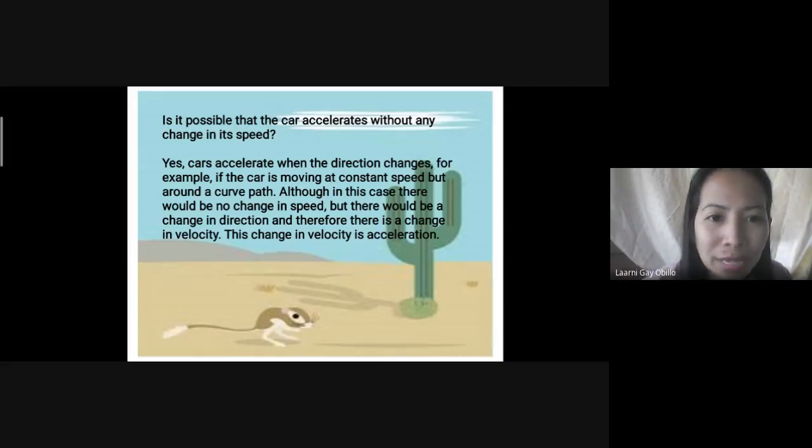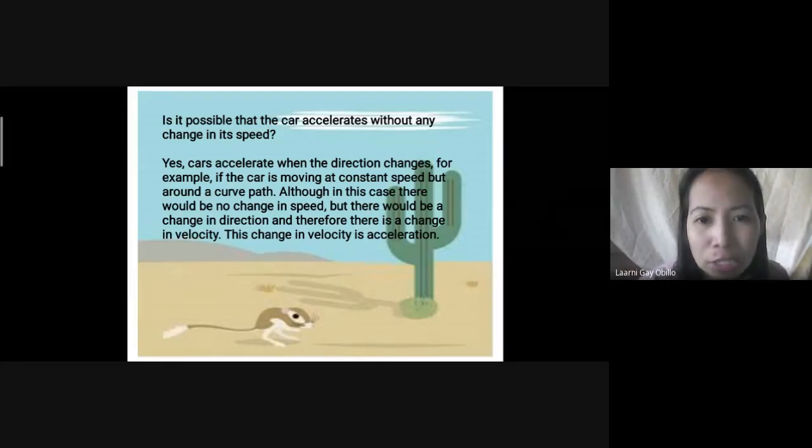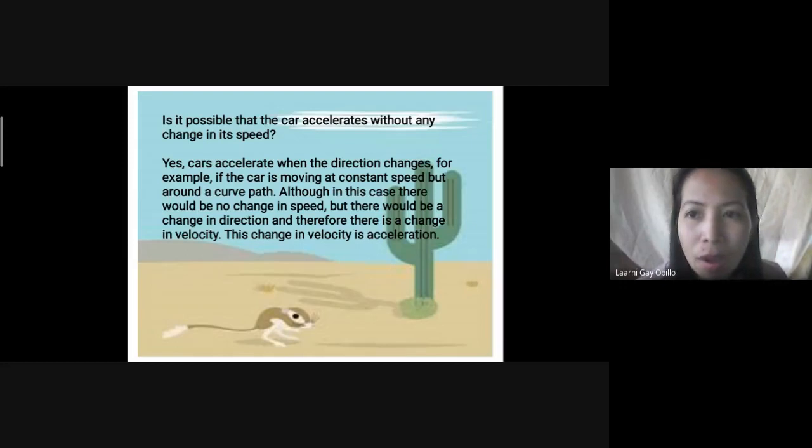So, meron pa ring change in velocity doon. Tandaan, kasi sabi nga natin, it's either nagbabago yung speed or nagbabago yung direction, lagi siyang may kasamang change in velocity. At kapag merong change in velocity, merong acceleration. So, therefore, kahit hindi nagbabago yung speed niya, pero nagbabago yung kanyang direction, posible pa rin na mag-accelerate yung car kasi nga may changes in direction. Okay, naintindihan po?